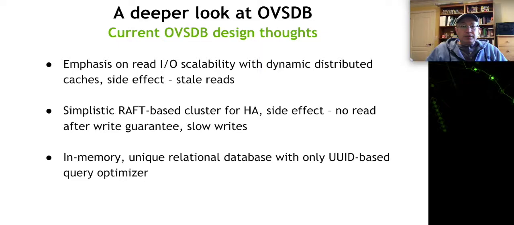As such, we created so-called dynamic distributed caches, and obviously the side effect of this is stale reads. So this is all good so far, but we still need to deal with stale reads here and there.